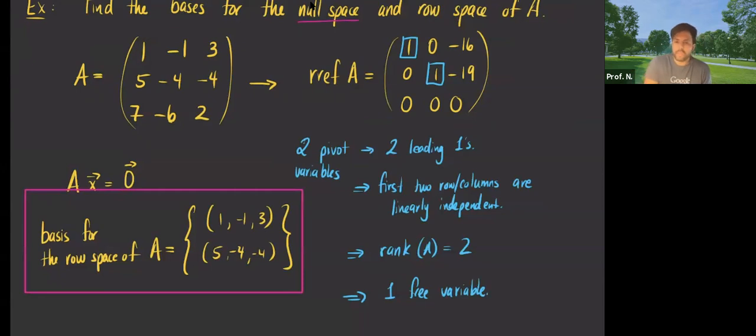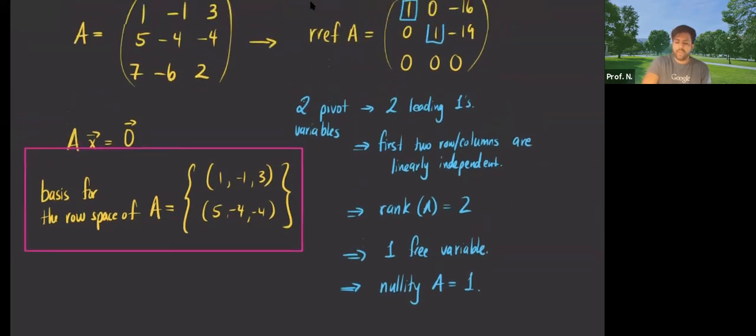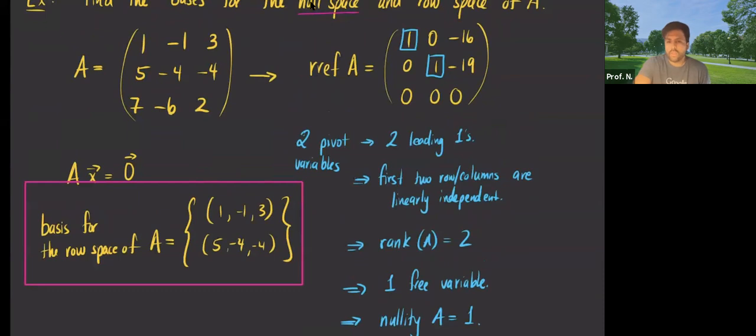Now, how about the null space? How is the null space related? Well, if I have one free variable, what do I know about the free variable? It tells me the nullity, doesn't it? The nullity of A is 1. Now, how do I find what the basis is?